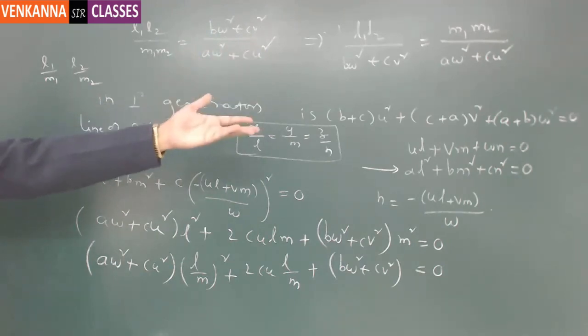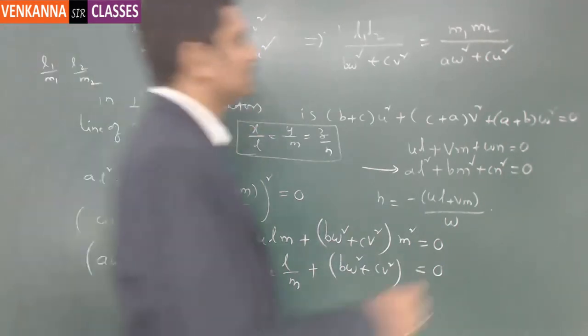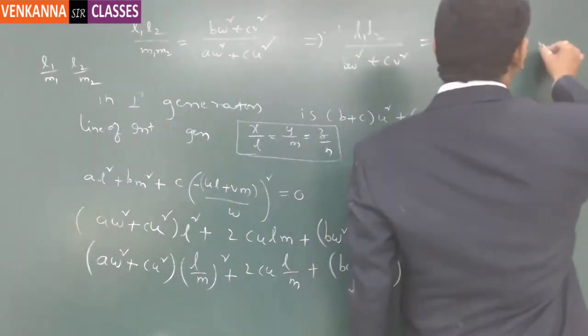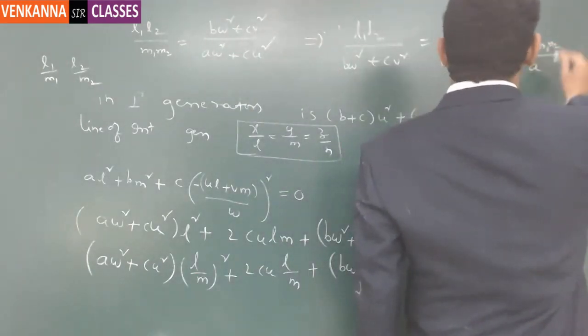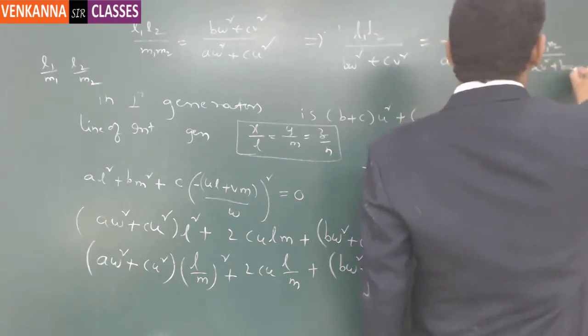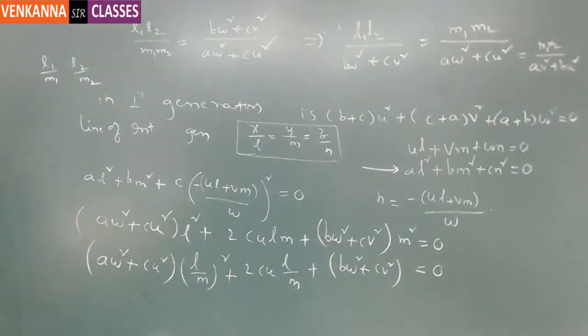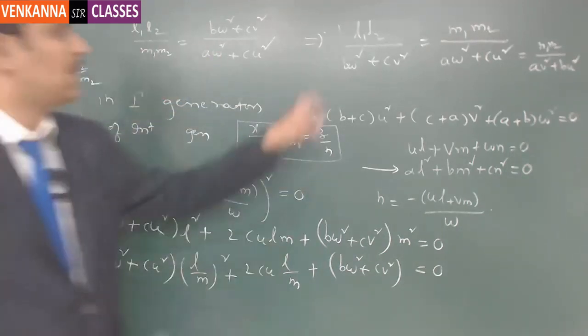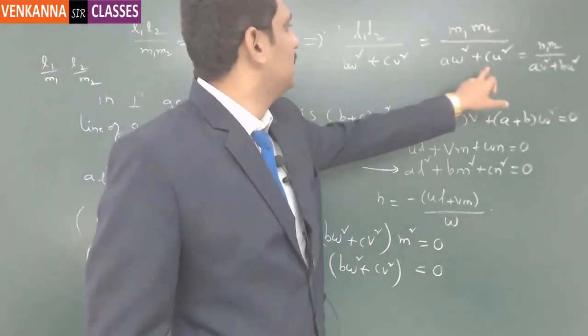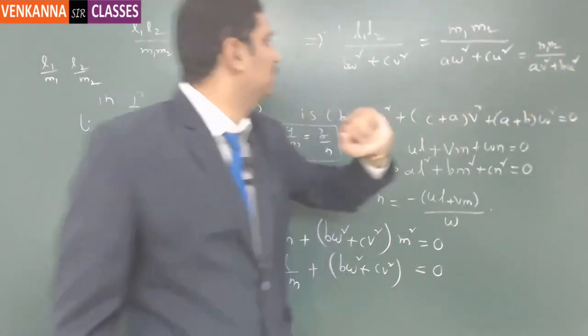Hence, by symmetry, you can say that N1 N2 whole divided by av square plus bu square. This is the value. So by symmetry, I am writing the last one. Please understand. As we have BC, AC, you will be having here AB.